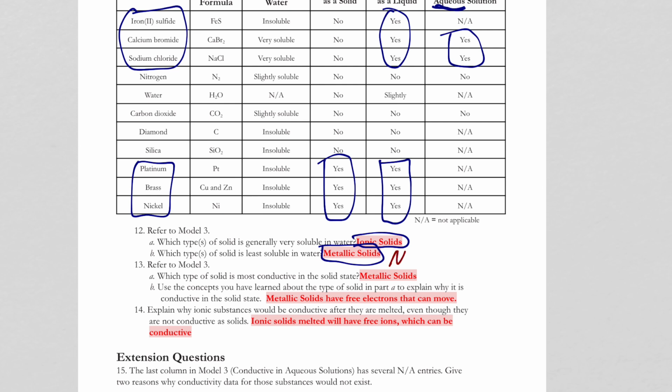Network covalent solids are usually not dissolvable. Well, technically, carbon dioxide can, and it actually ionizes the water, but that's a little bit different. So those are the two for 12B. You have metallic solids as well as network covalent solids that do not dissolve in water.